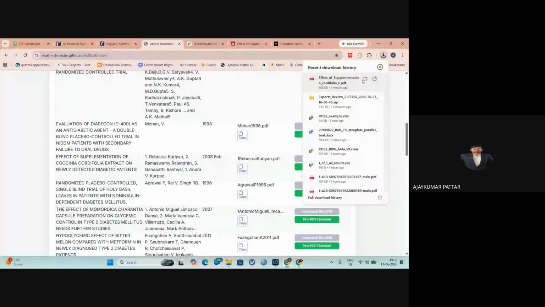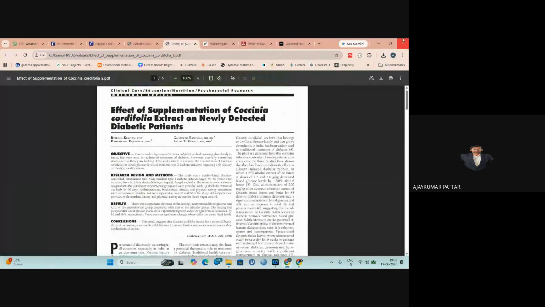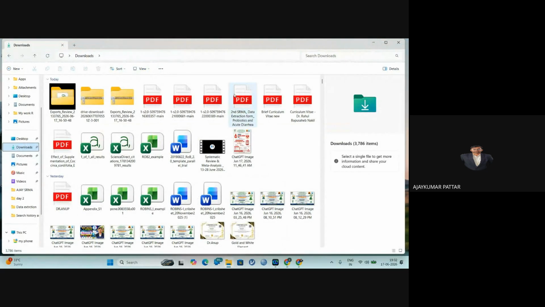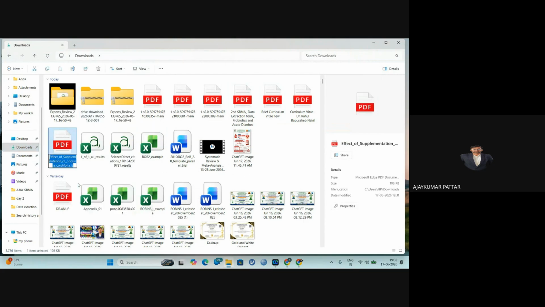What is this effect of this paper downloaded? This one. I will immediately rename it as I have copied that particular name.